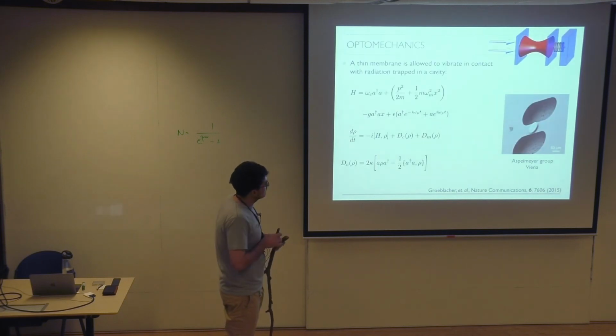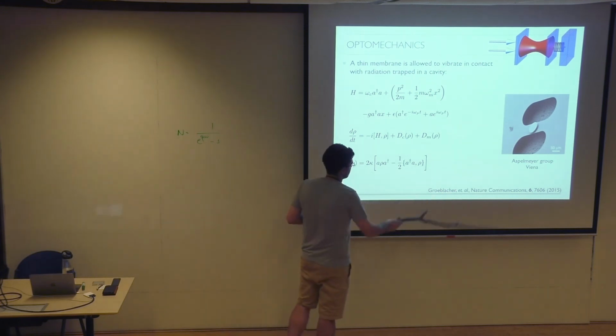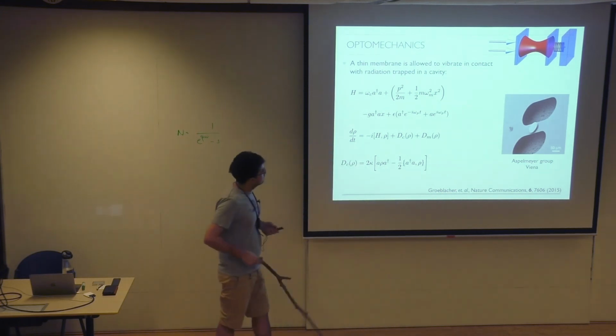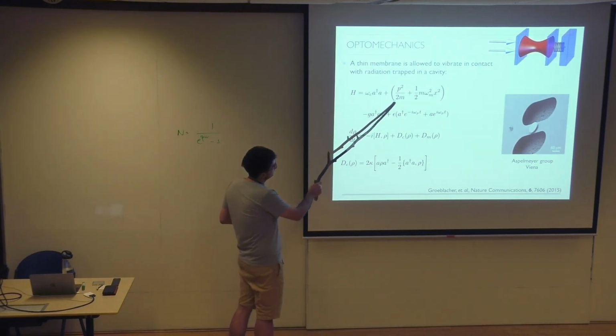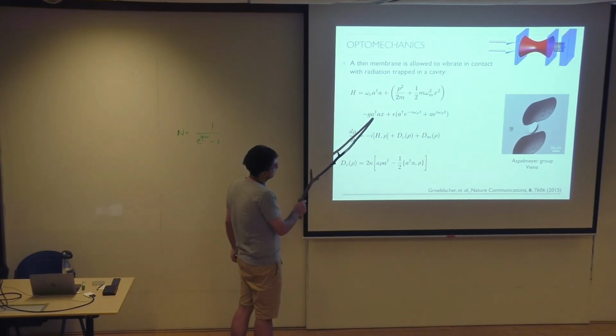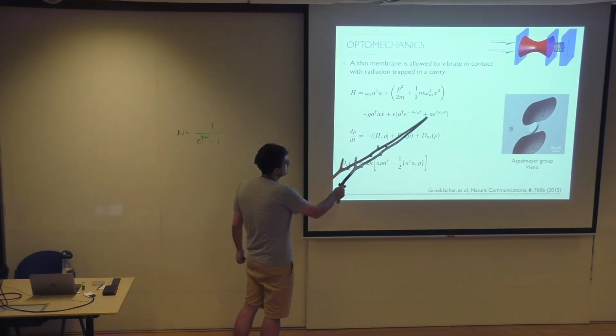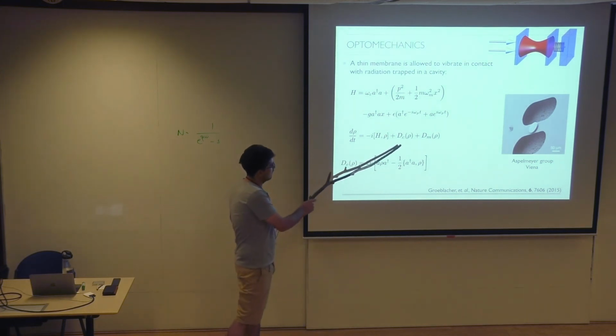So one of the systems was an optomechanical system. The experiments were done in the group of Aspelmeyer in Vienna. Essentially, the Hamiltonian is a cavity, an optical cavity, interacting with a mechanical oscillator. You also have the optomechanical coupling and a pump term, which is how you pump photons into the cavity. And the master equation will have two dissipators.